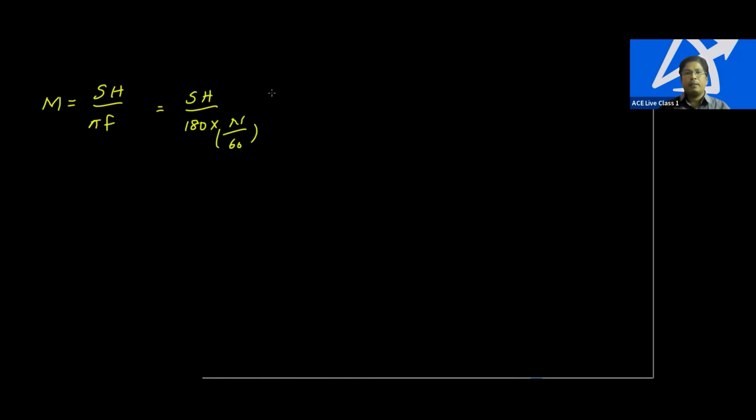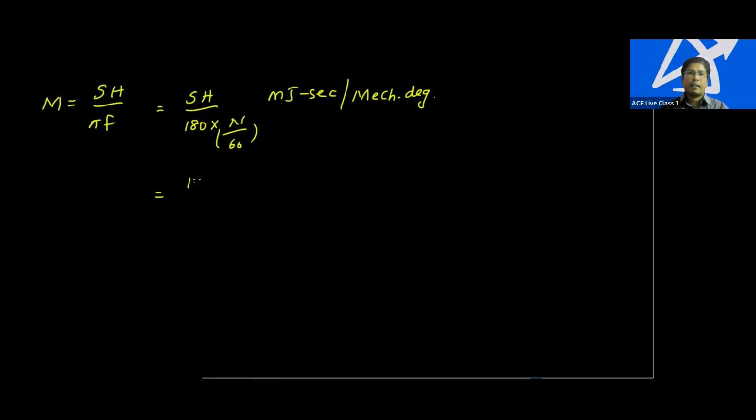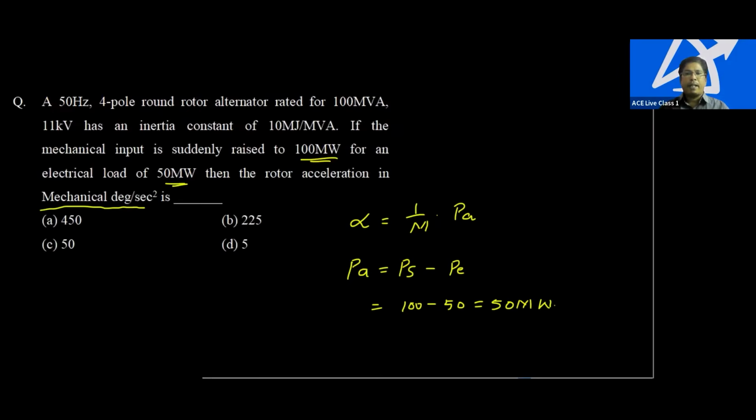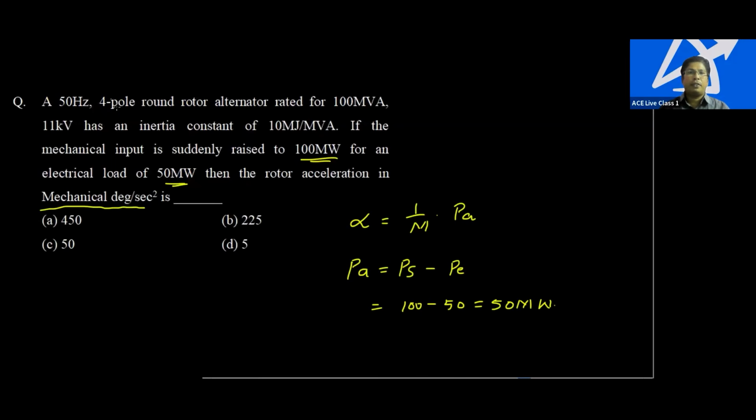The units are now megajoule second per mechanical degree. S is given, it is 100 MVA. H is given, 10 megajoules per MVA, divided by 180 into N by 60.